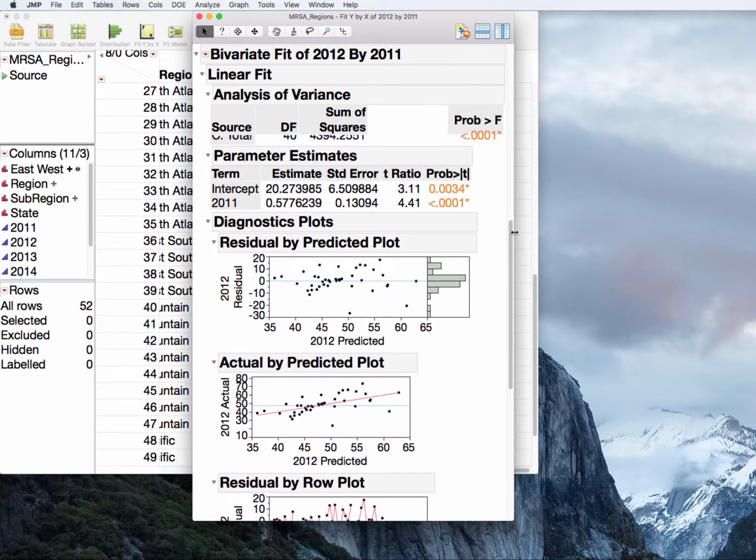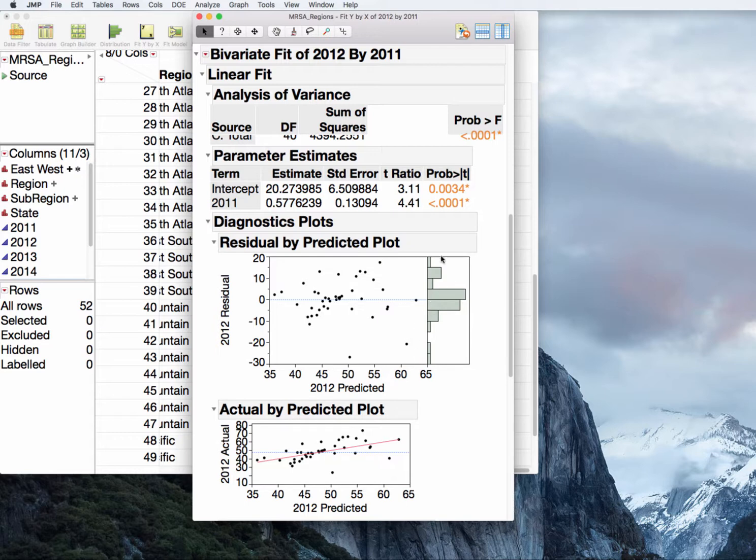The 2 plots to pay attention to are the first one. We'll make this just a little bit bigger. And what you really want to pay attention to is that as you go across the x-axis, you see a random scatter of points above and below the line for each level of x. In addition, for the homogeneity of variance assumption, you want to see equal spread above and below the x.